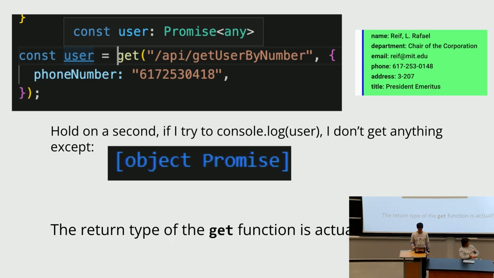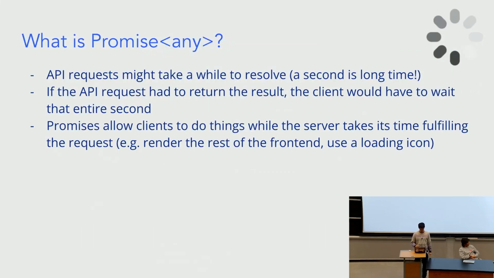So what actually is a promise? Basically, these API requests might take a while to resolve. If the API request had to return the result and the client had to wait for it the entire time, let's say the request took an entire second to resolve, then the client would just be sitting there for 1 second, not being able to do anything, waiting for this function to complete.